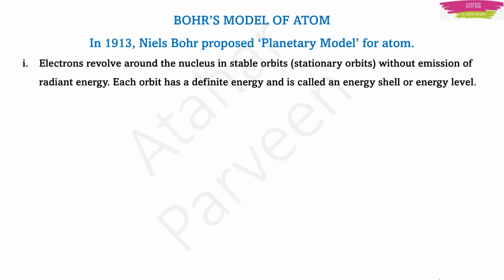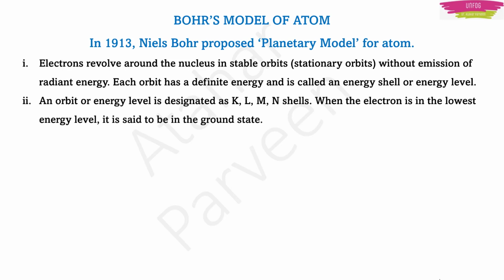The definite energy which each orbit has is called an energy level. And then he told that an orbit or energy level is designated as the K, L, M, N shells, as I showed you previously. These are the 4 shells. When an electron is in the lowest energy level, you say that it is in the ground state.